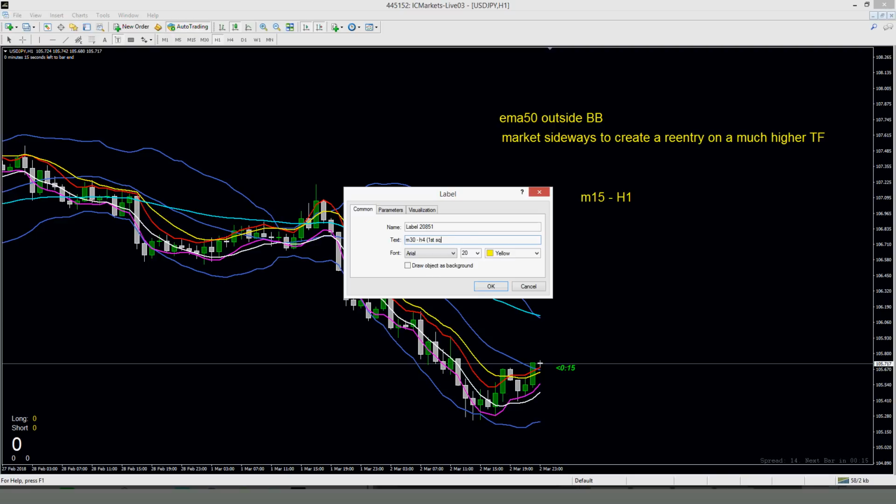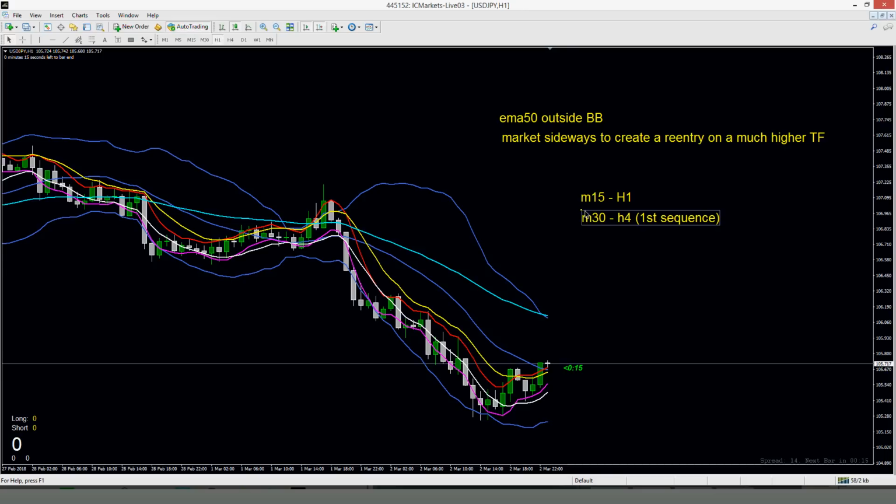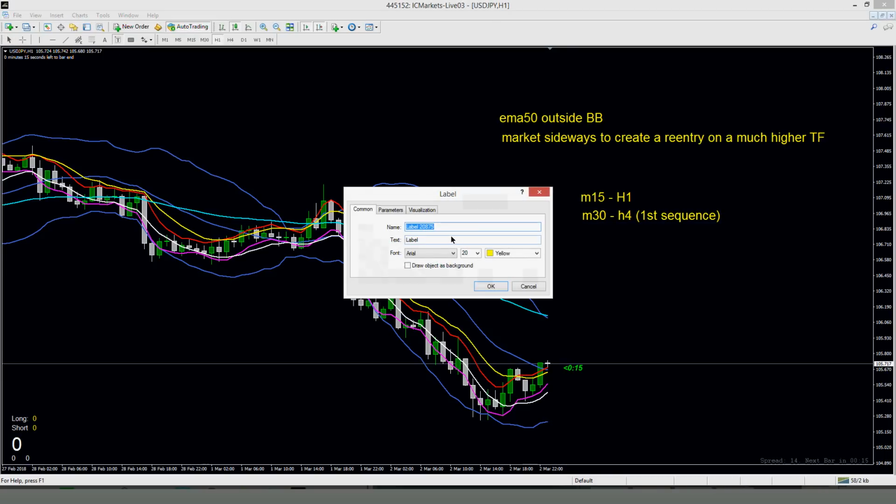So that's the first sequence. For H4 re-entries, I usually deduced that there are two particular sequences. The second sequence will be at H1, MA50 going outside the Bollinger Band.